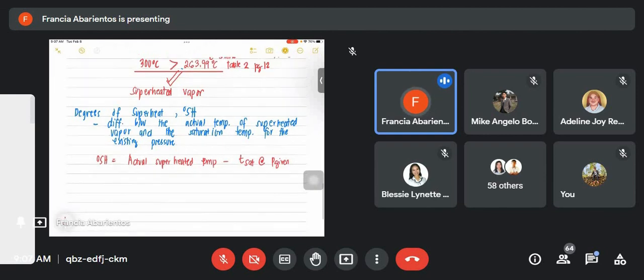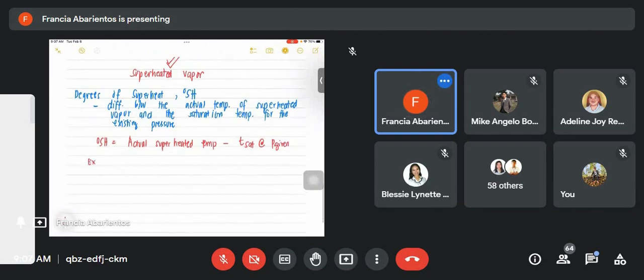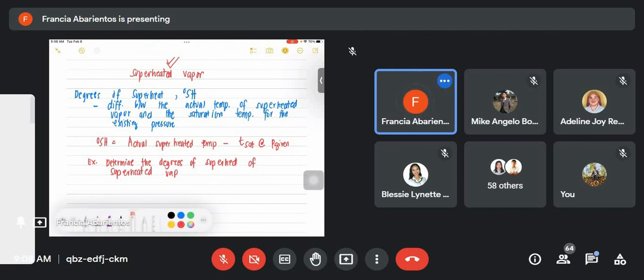Okay. So, halimbawa, if we were to determine the degree of superheat of superheated steam at 200 degrees Celsius and 101.325 kilopascal.